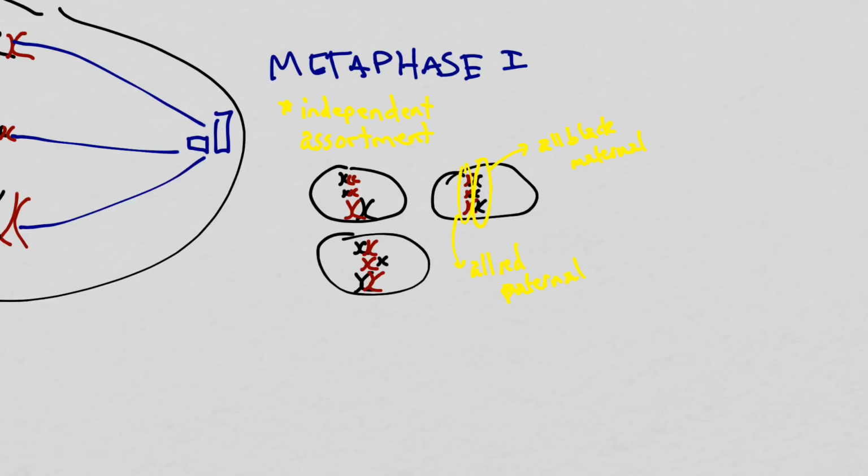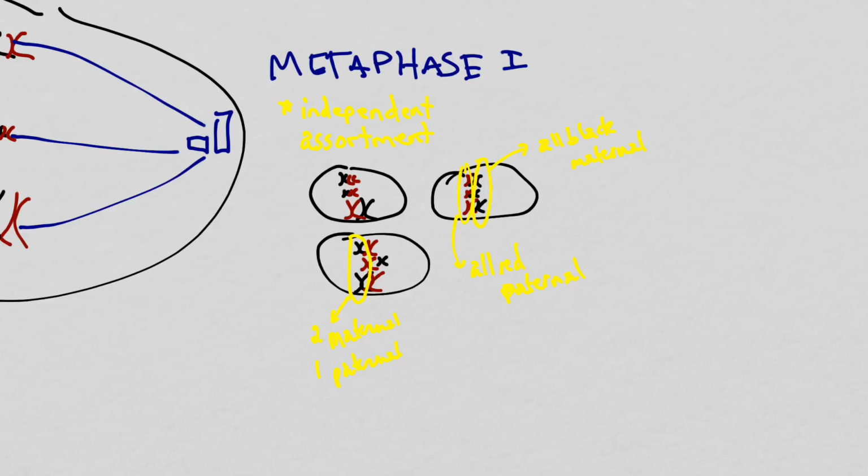That's interesting. But if you do it right here, this egg cell would contain 2 maternal and 1 paternal, which is a new combination. It's a new orientation.